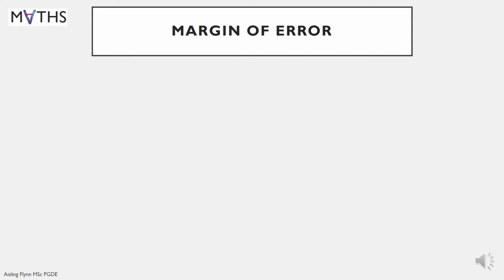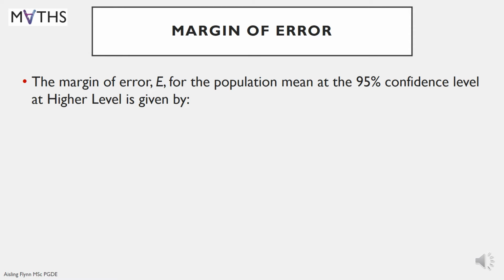Okay, margin of error. The margin of error E for the population mean. Now I must stress that in this lesson we are talking only about confidence intervals for the mean of a population. Okay, so we're focusing on means.